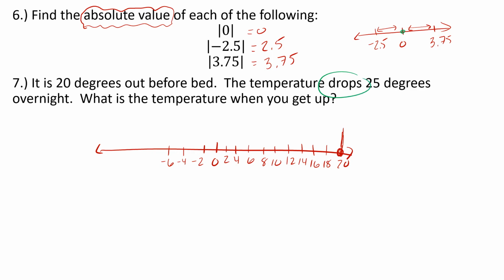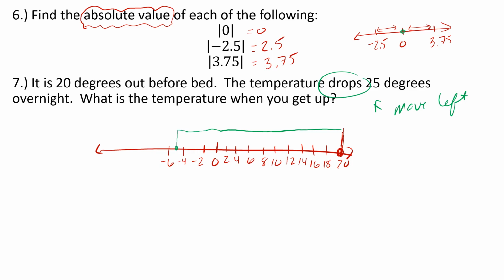So drop means we're going to move left on that number line. So here we go, dropping. Okay, we've dropped 10 degrees. Now we've dropped 20 degrees, and we're supposed to drop 25. So here, we dropped 22. And there we dropped 24, and here's 25 right there.